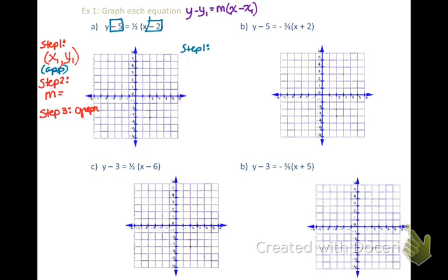So the opposite of negative 2 would be positive 2, and the opposite of negative 5 would be 5. And that's step 1.